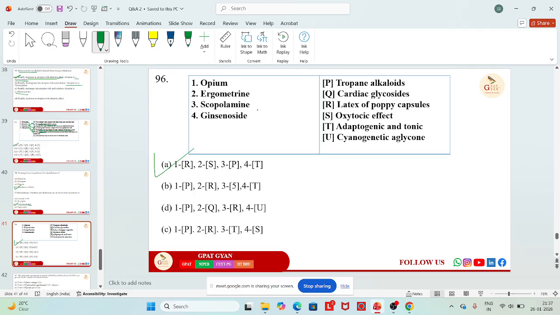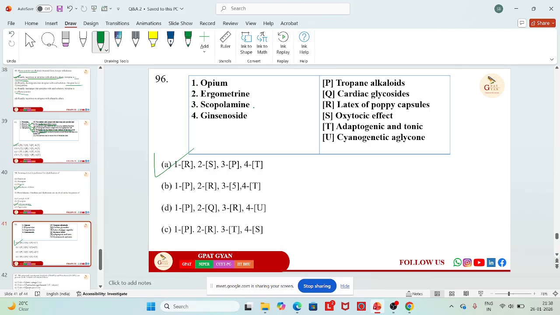It is used for oxytocic purpose, helping uterine contraction. So it is in pregnancy, in the hormonal chapter, I think. In pharmacology, ergometrine is there.